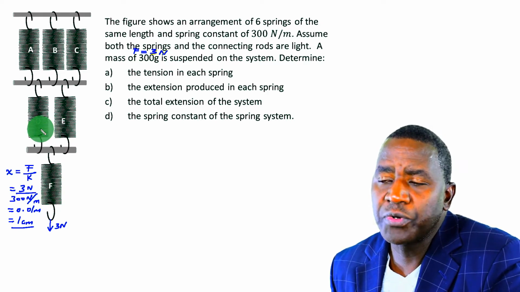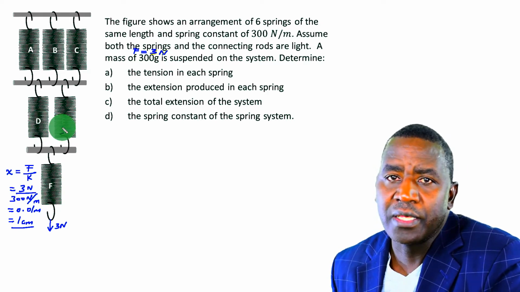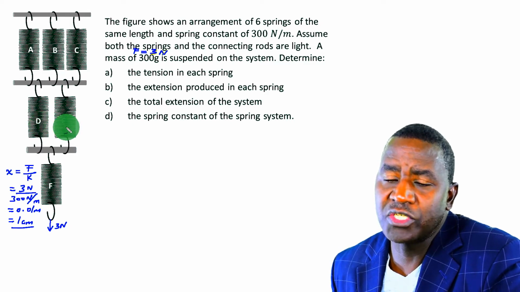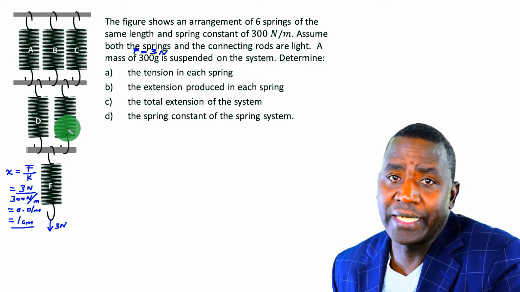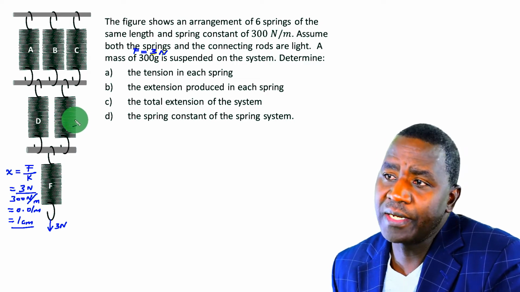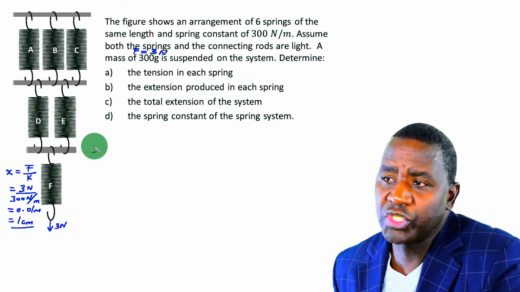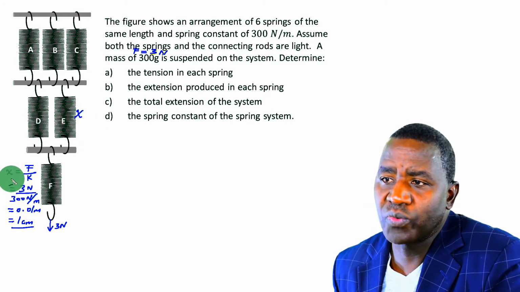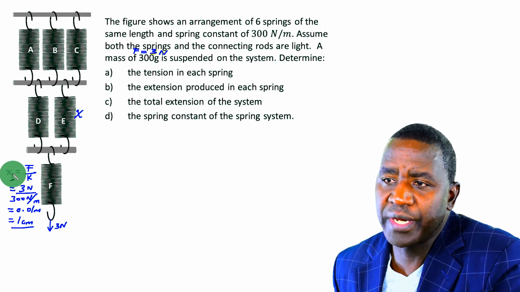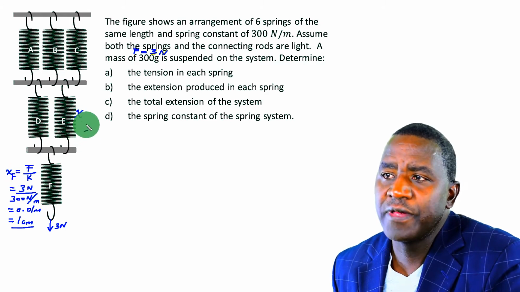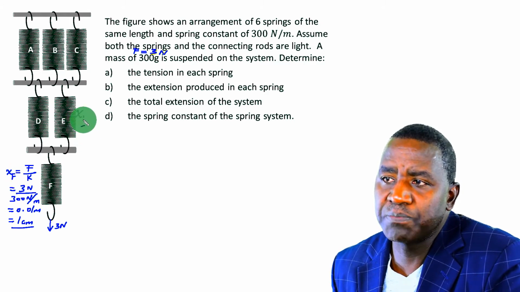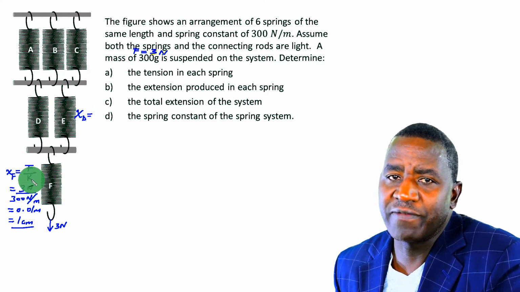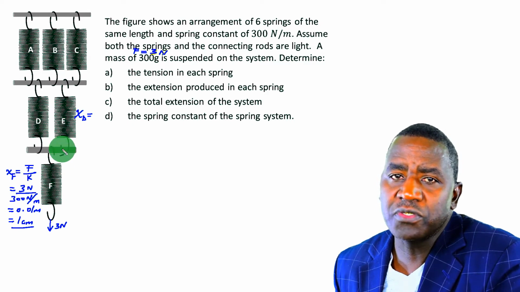How about the extension produced in either D and E? By the way, the extension in D is equal to the extension in E, so we are just going to calculate one of them. Again, I use the same equation. I can call this X produced in spring F, and this is X produced in spring D. Again, I need to divide the force by the value of K. How much force?